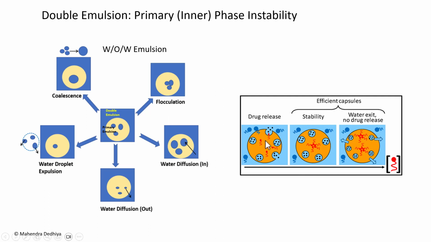For drug release, the drug can release prematurely if it's very close to the surface, as shown here. This is stable. Water can exist, the drug is not released. That may or may not be acceptable depending on the final outcome.